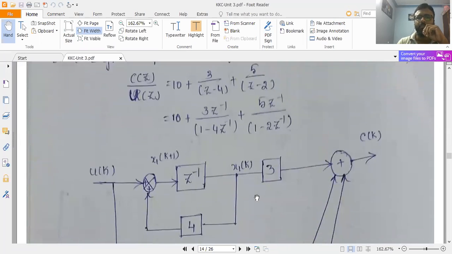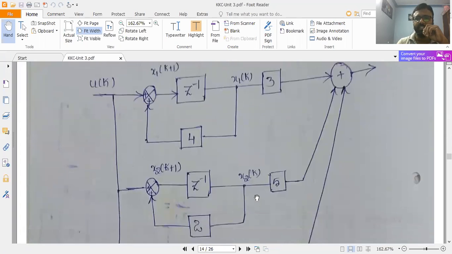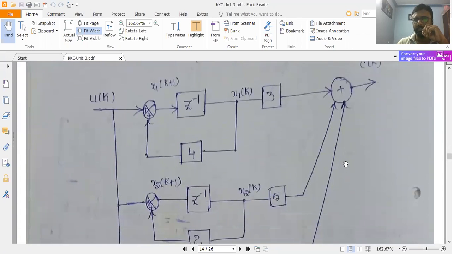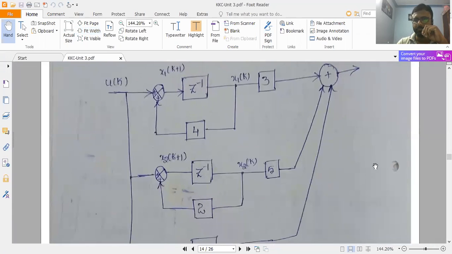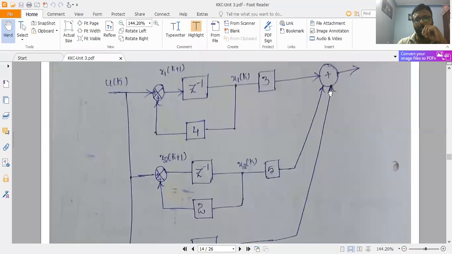So try to observe this particular block. In this one, the starting term is 10. All the values are going to be connected to the summing term. So 10 is represented as one block, and it is connected to the summing point.